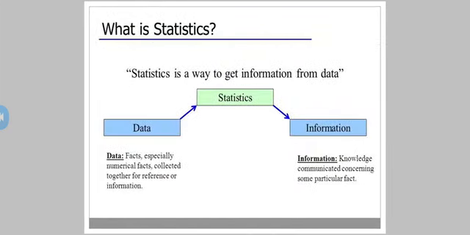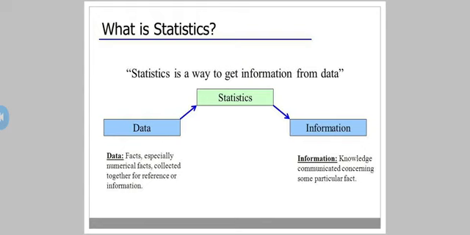Now, before moving further to the 7th point, let us have a clear idea about what statistics is. Statistics is a way to get information from the data. Let's say the facts, especially the numerical facts, which are collected together for reference or information. What is data? Data is nothing but the facts you collect. You try to collect all the numerical facts or the information.